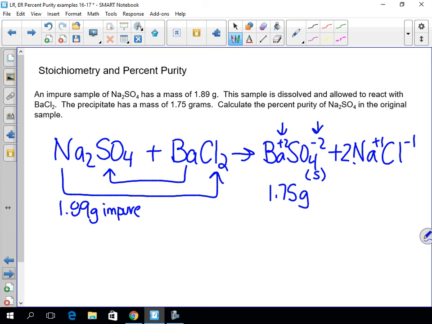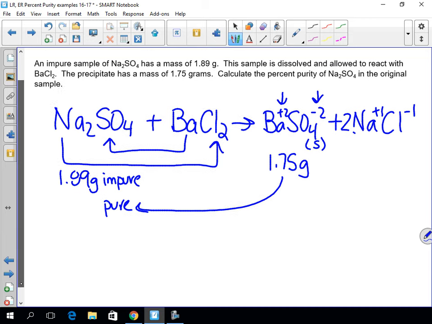Well, if we know how much barium sulfate we can make, we can work our way back and actually figure out how much sodium sulfate would be present in its pure form, because the impurities that are in there aren't going to make barium sulfate. We'll be able to exclude them.